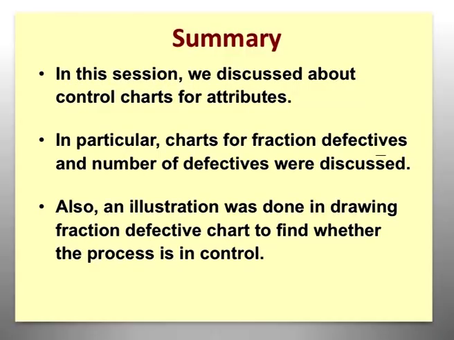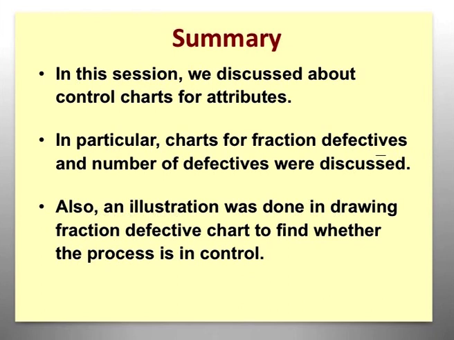In this session, we talked about control charts for attributes after recalling the formulae for control charts for variables. Control charts for attributes are the P chart, the fraction defective chart, and the control chart for number of defectives, the D chart, which was discussed. Also, the C chart, that is, number of defects, where defective and defect make a difference, was also discussed.